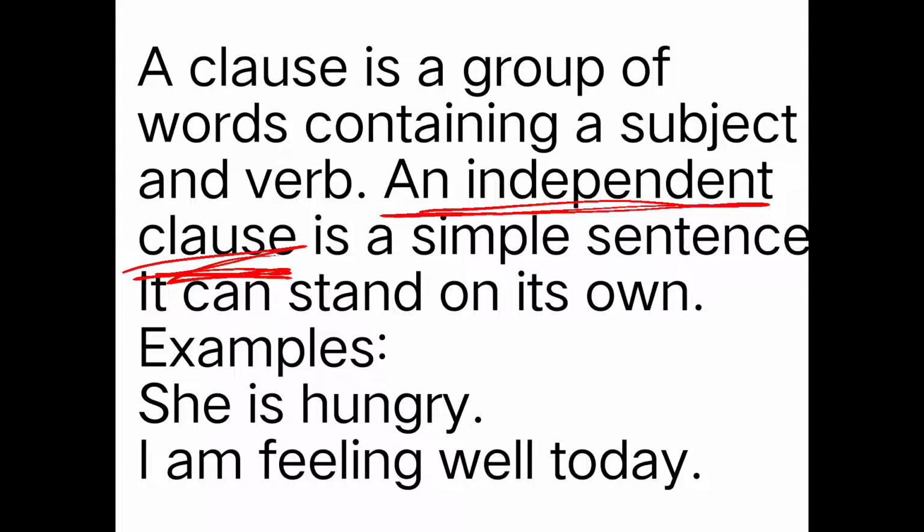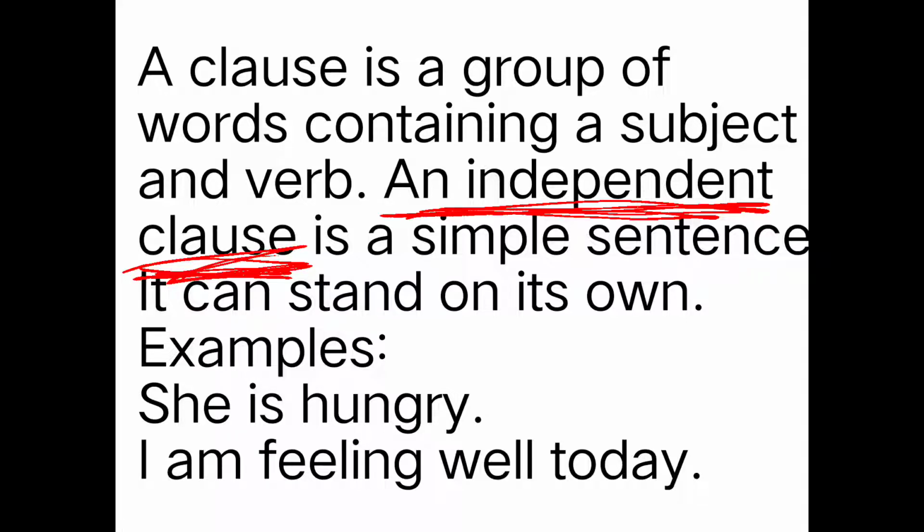The part of the sentence which does not need any further group of words or any part of the sentence to get its complete thought, its complete meaning, will be an independent clause. This means the sentence should have a subject, a verb, and moreover it should be independent.